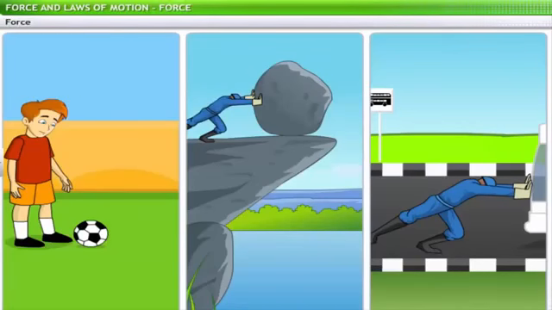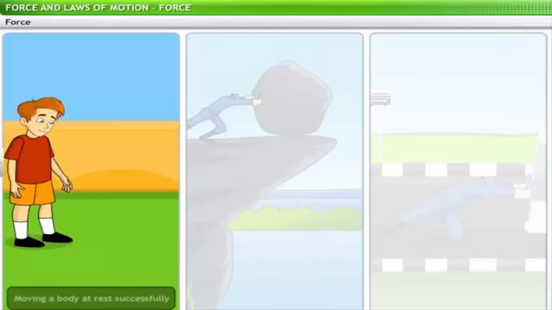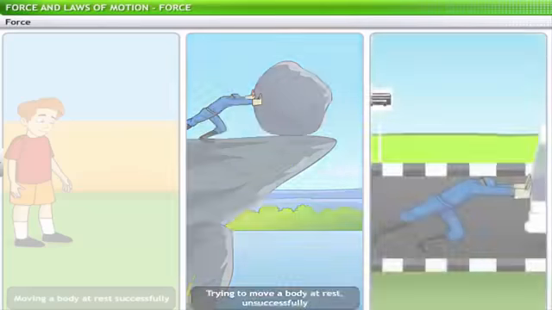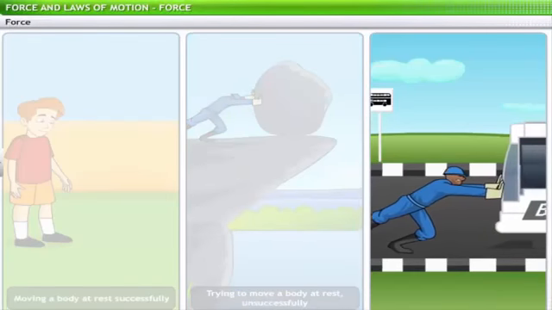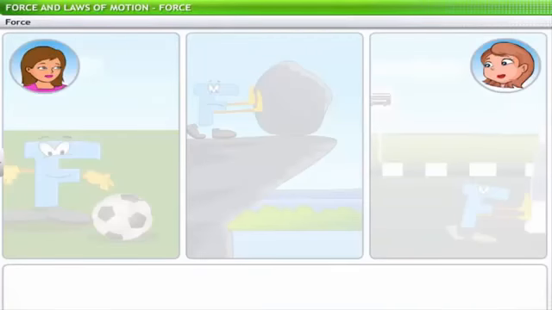To explain the concept of force, let's first observe some real-life situations. What do you think these people are trying to do? They're trying to perform some tasks requiring force. That's right.